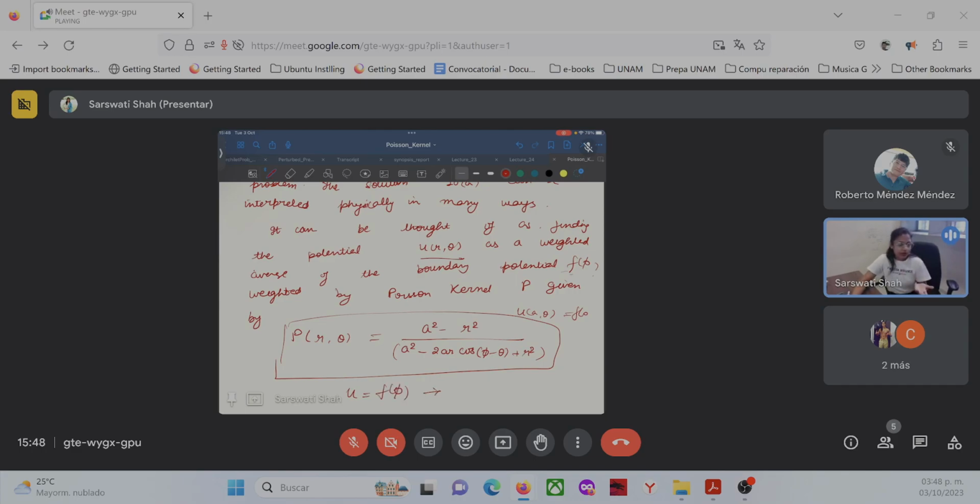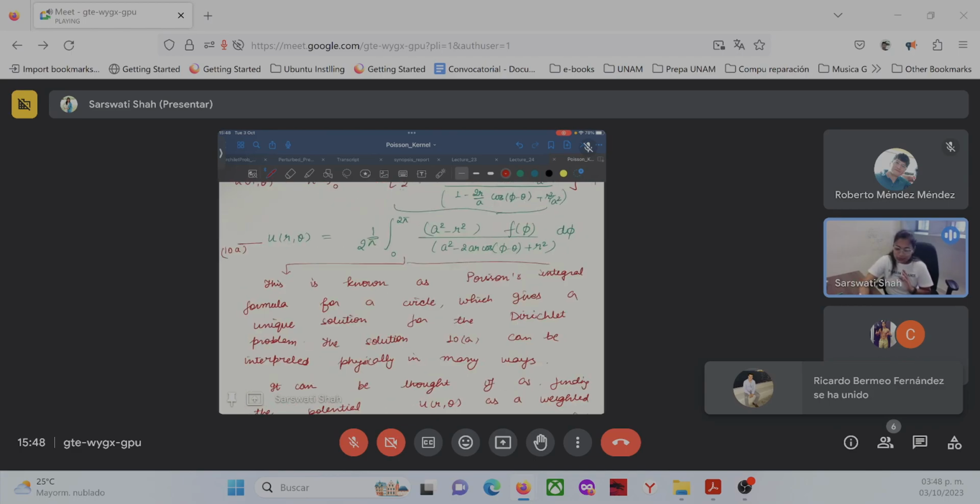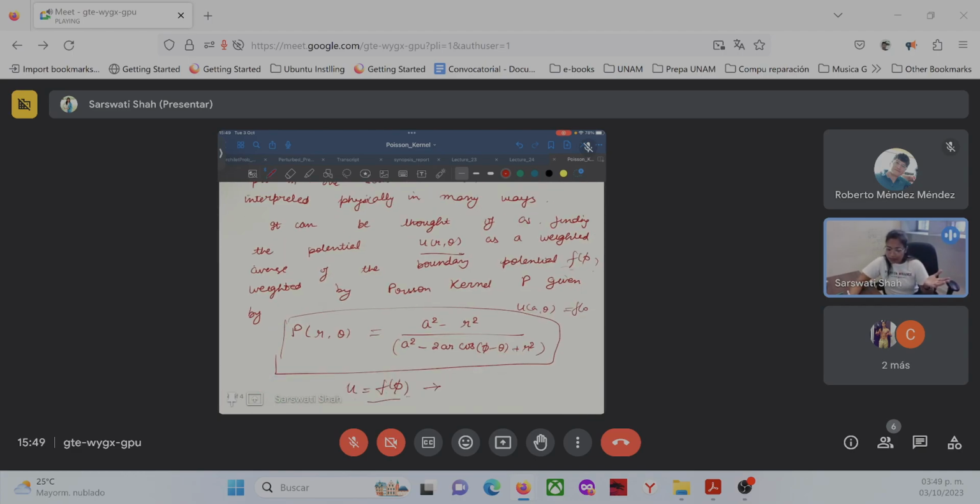So when we talk about the steady distribution of temperature on a disk, and the steady temperature on the boundary is given by the function f phi, then this is known as the Poisson integral formula for a circle, which gives the unique solution for the steady temperature distributed on the disk, and this f phi will be known as the boundary temperature at steady state. This is written in your notes, so you can go over that.